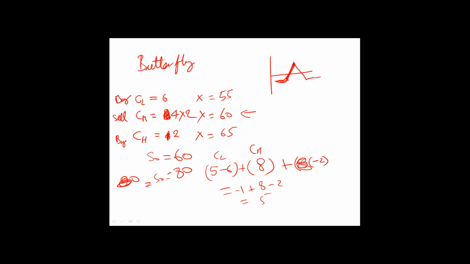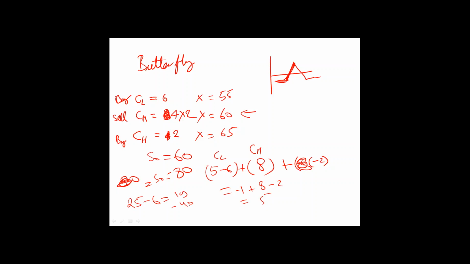Lower call will give me a profit. How much? Lower call will give me a profit of 25 minus 6, which is around 19. And the second one will give me a loss. It went to 80, so it gives me a loss of 20 into 2, 40 loss.